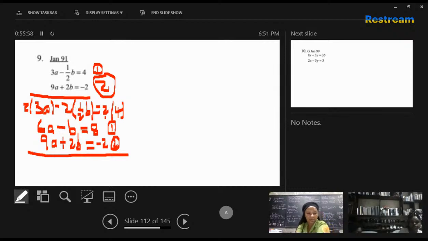So which one do you want to do? Substitution. Alright, so you're using the 6a minus b equals 8. So b is what? So b would be 6a minus 8.